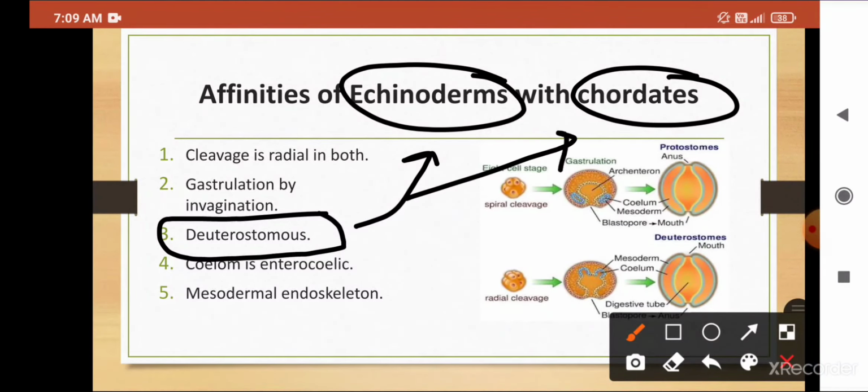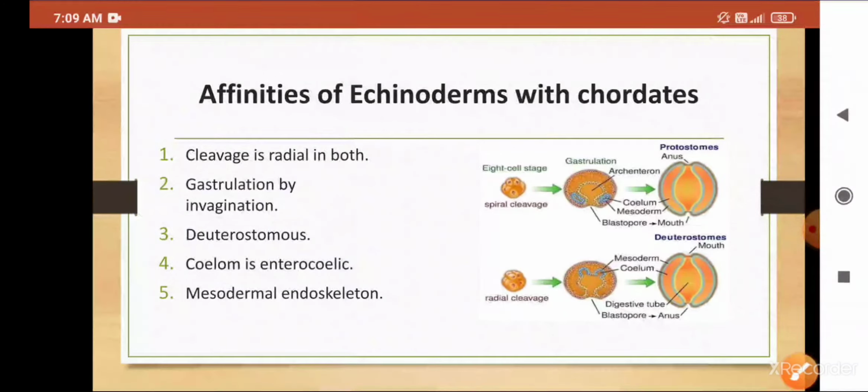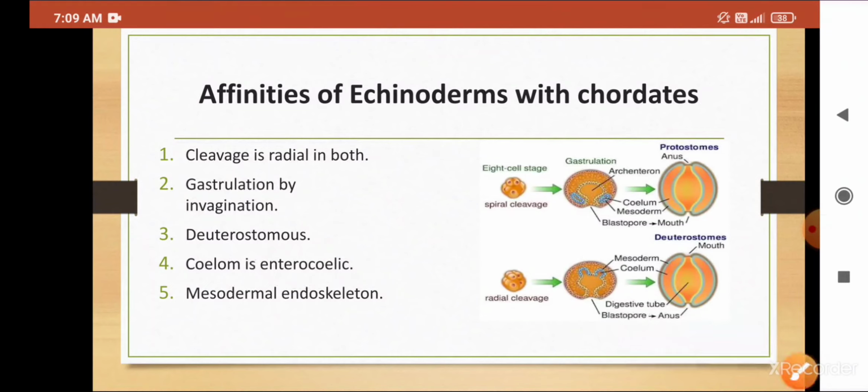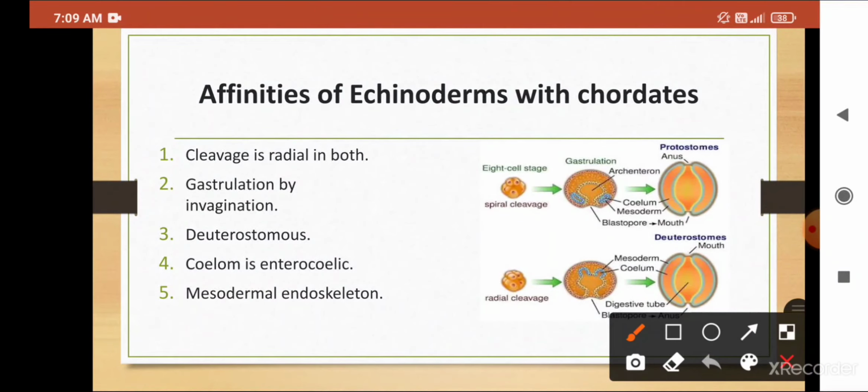Another one is the coelom. Coelom is a kind of cavity present between the body wall and gut, and in both these phyla, whether echinoderms or chordates, both have enterocoelic coelom.